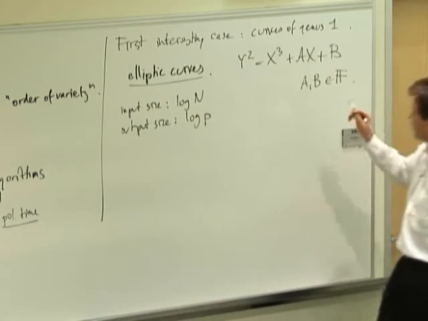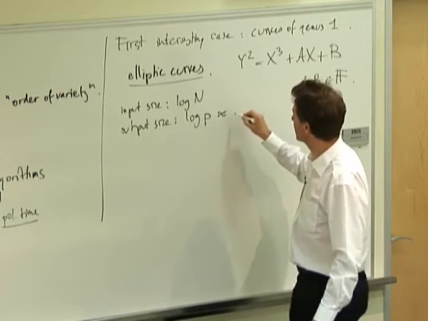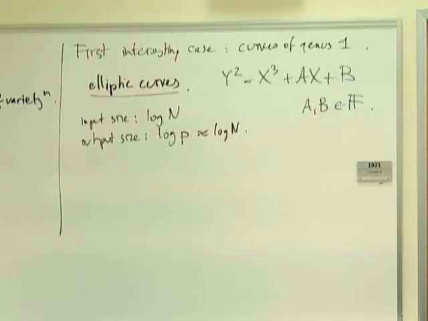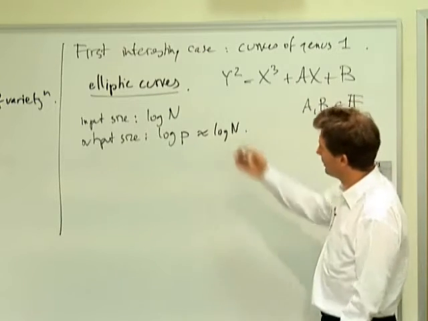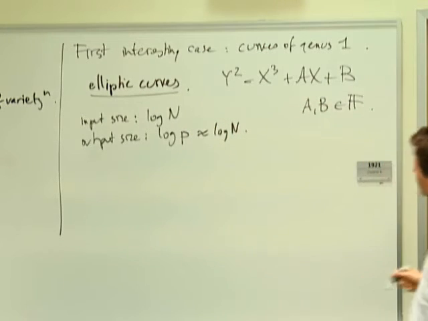So input size log n, output size something like log p. Since curves over F_p have about p points, I'll be more precise later on, this is roughly the same thing as log n. So small input, small output, and theoretically there's no restriction, in the sense that it should be possible to find an algorithm, polynomial time in log n, that gives you an elliptic curve having n points.